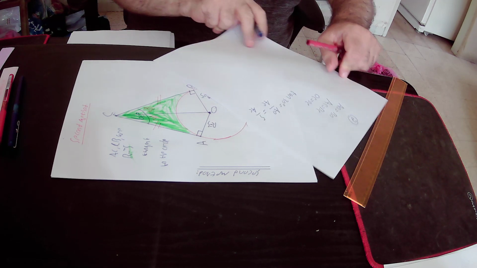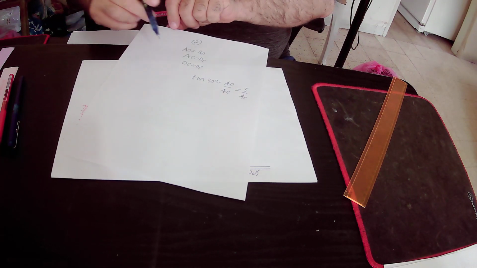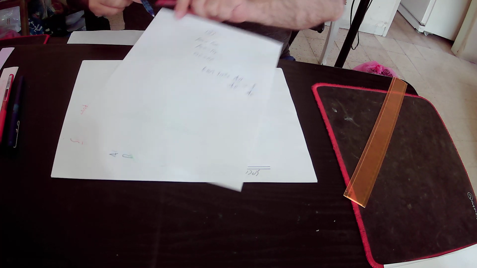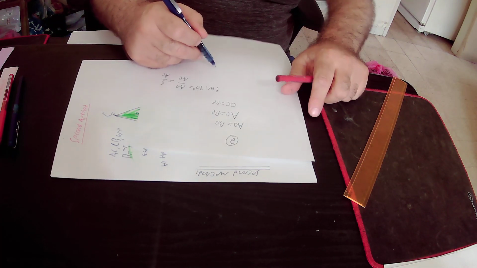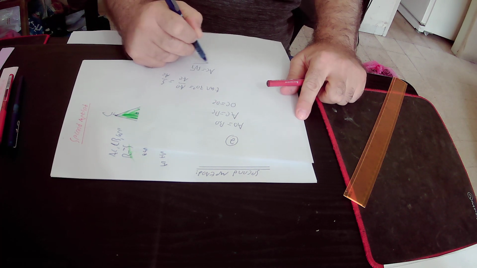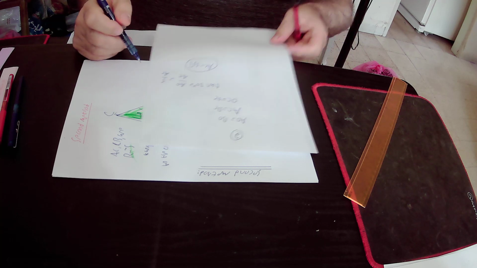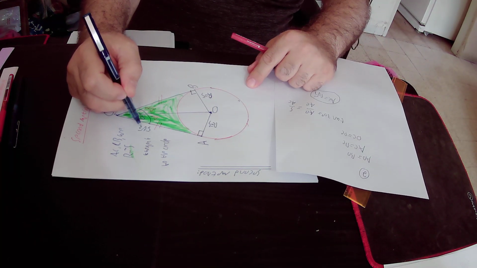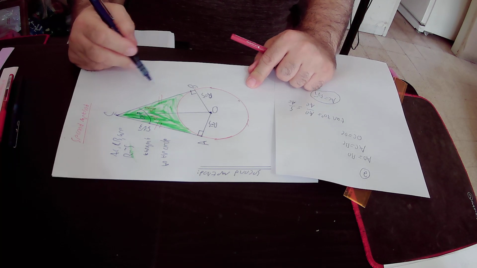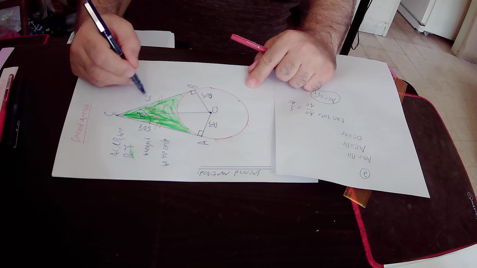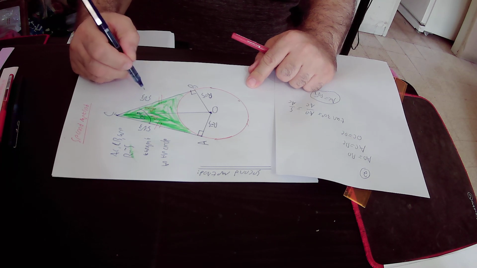From this equality, we will get that AC equals 5 times root 3. And according to the two tangents theorem, AC equals BC, so BC also equals 5 times root 3.